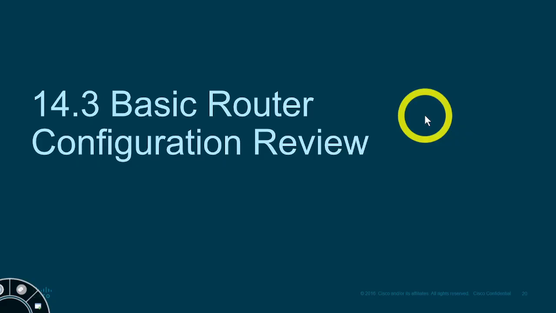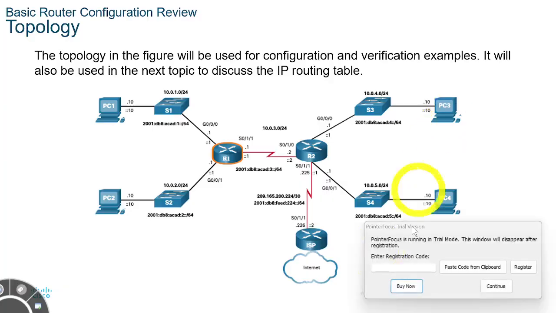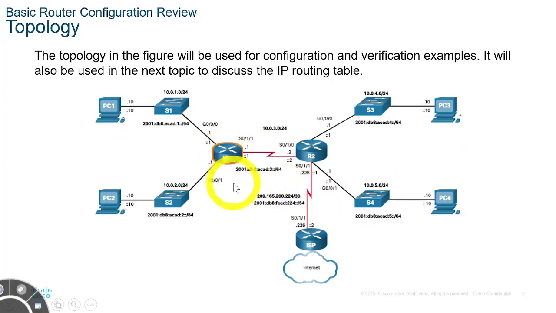Basic router configuration review. Now imagine that we have this topology. We have two routers, router 1 and router 2, LAN 1, LAN 2, LAN 3, LAN 4, S1, S2, S3, S4, and this is also connected to an internet service provider here.